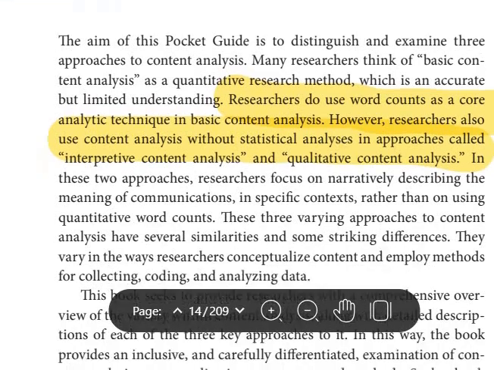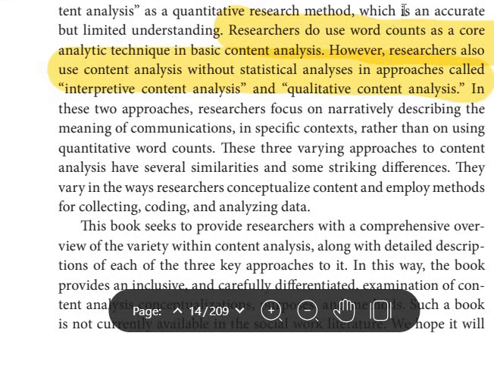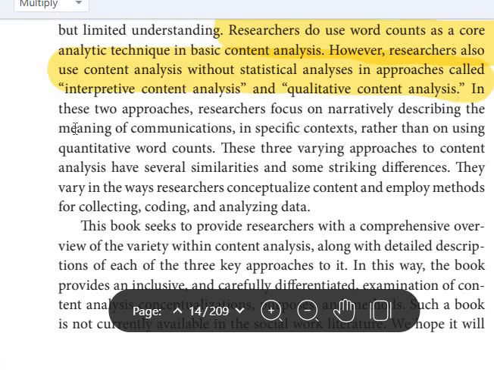Okay, here, as you can see, in these two approaches, researchers focus on narrative, describing the meaning of communications in specific contexts rather than on existing quantitative word counts.